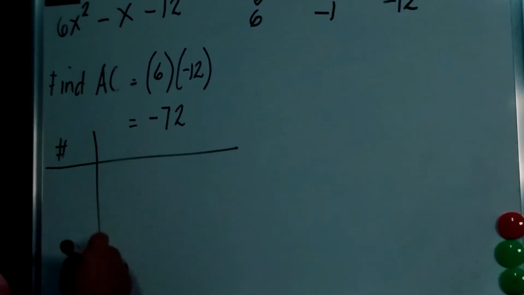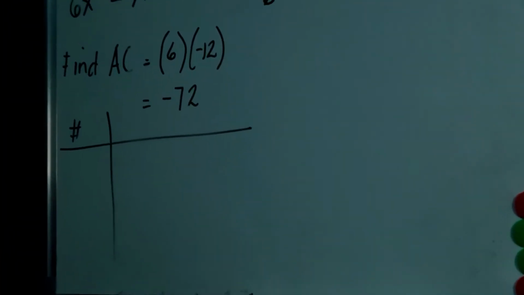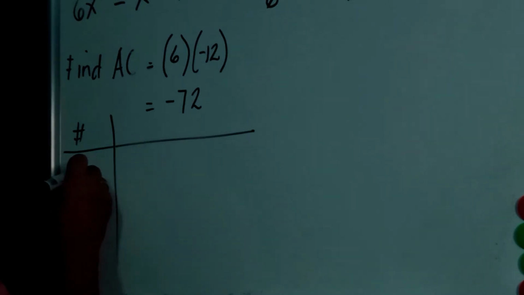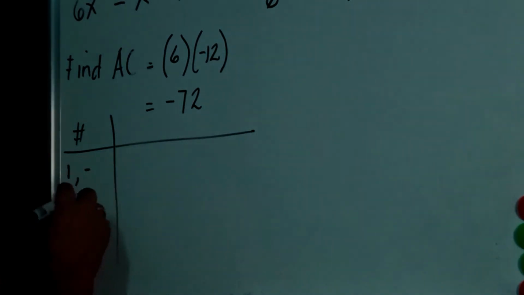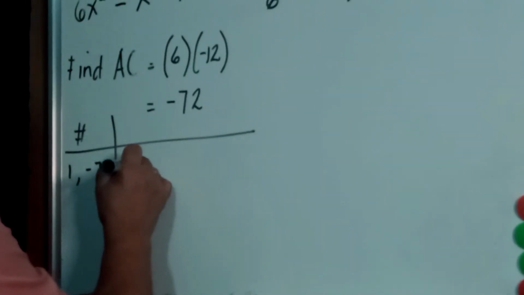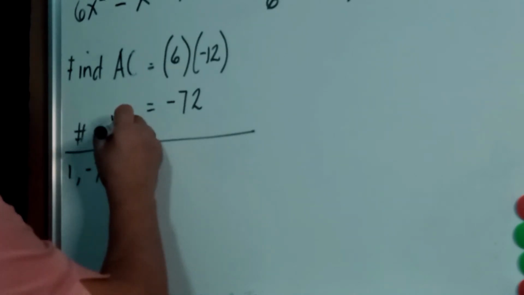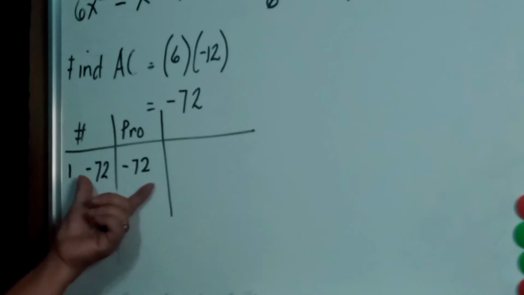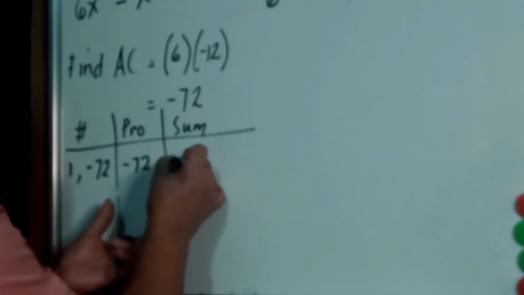Let us have 1 and negative 72. The product is negative 72. The sum is negative 71.